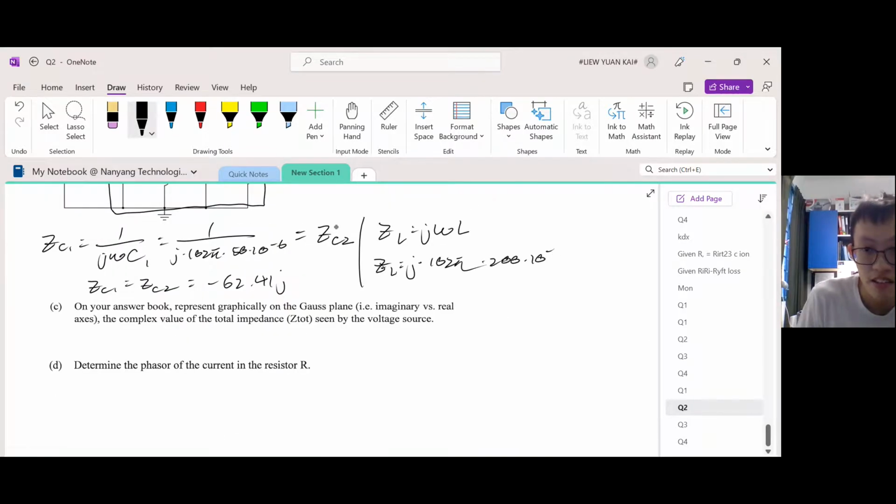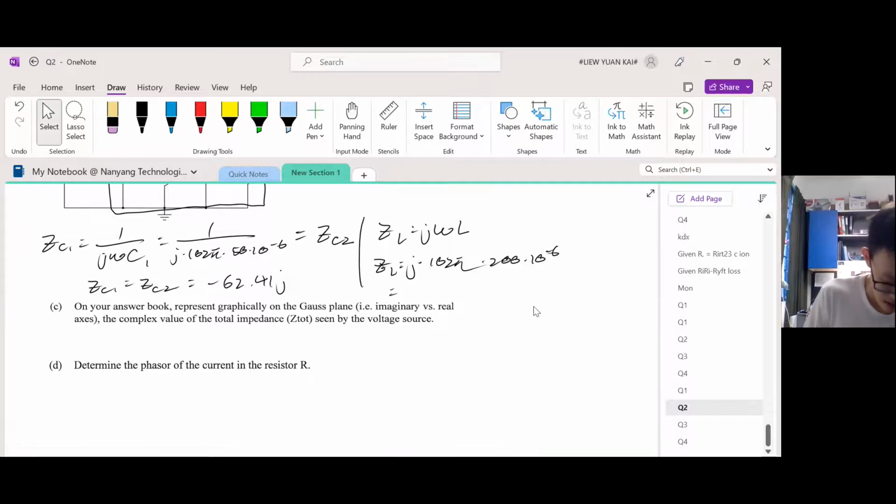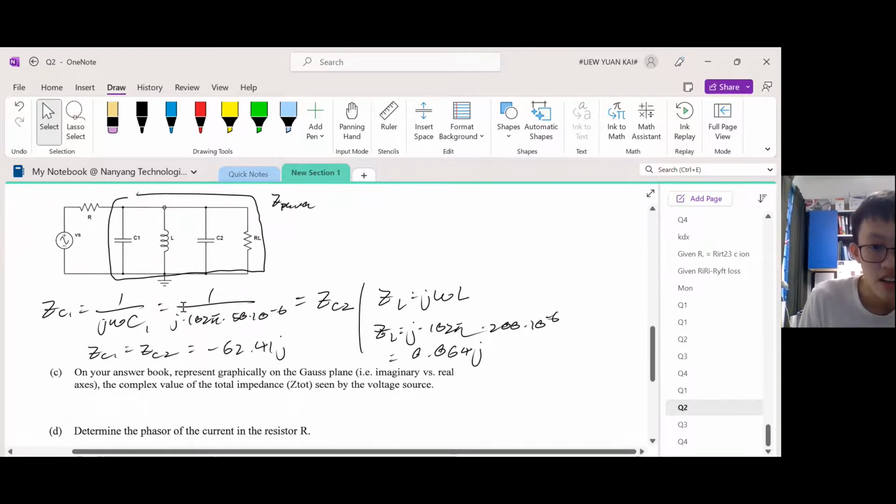So J times omega times L should be 0.064 J.